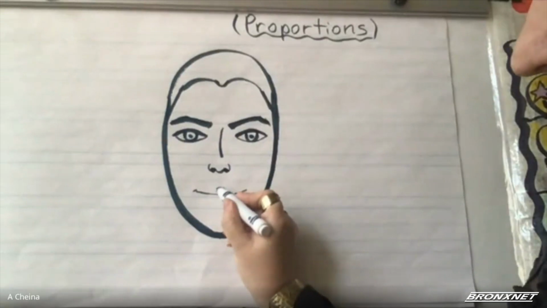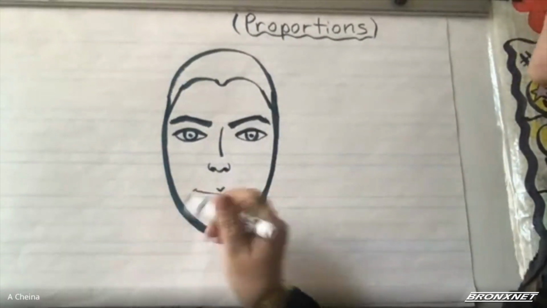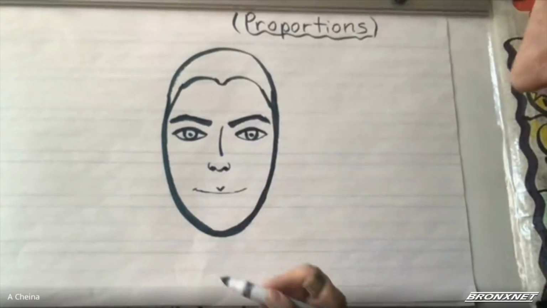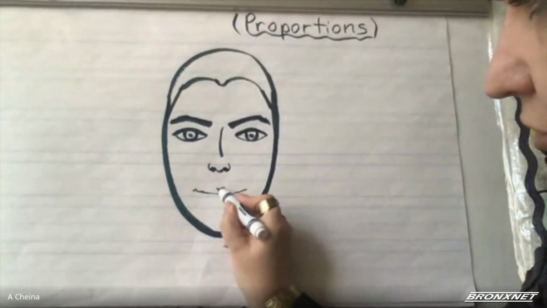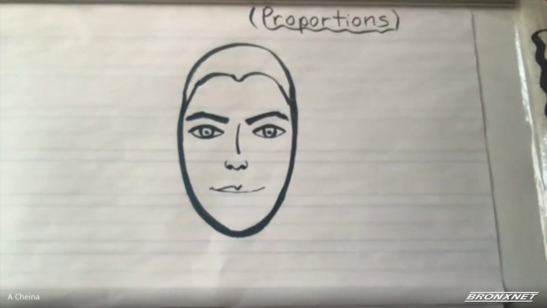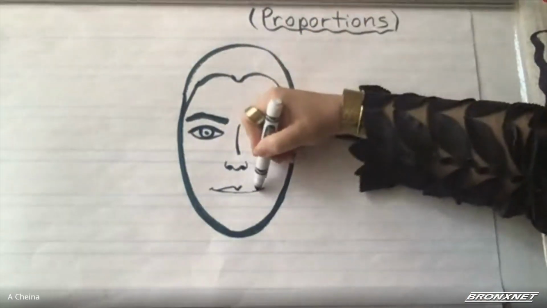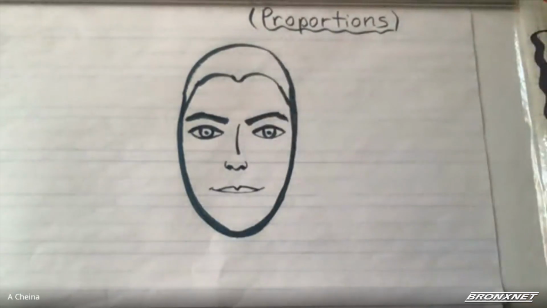But when I'm connecting the top part of the V, I don't go all the way to this dimple right here. I'm going to go right before it, somewhere over here. Watch this. I'm going to repeat it on the other side. Something like that.